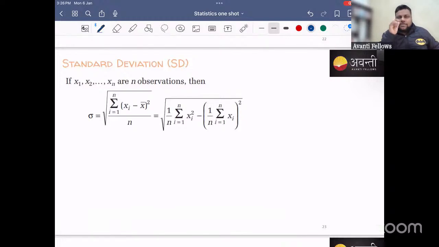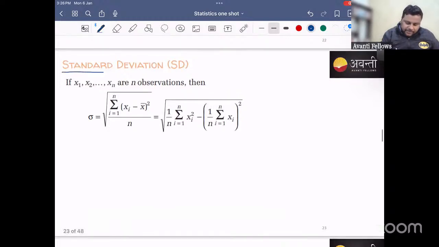Now, the most important thing in this chapter is standard deviation. Mean deviation was the mean of deviation. It has been observed that mean deviation does not provide a very good result as a deviation.